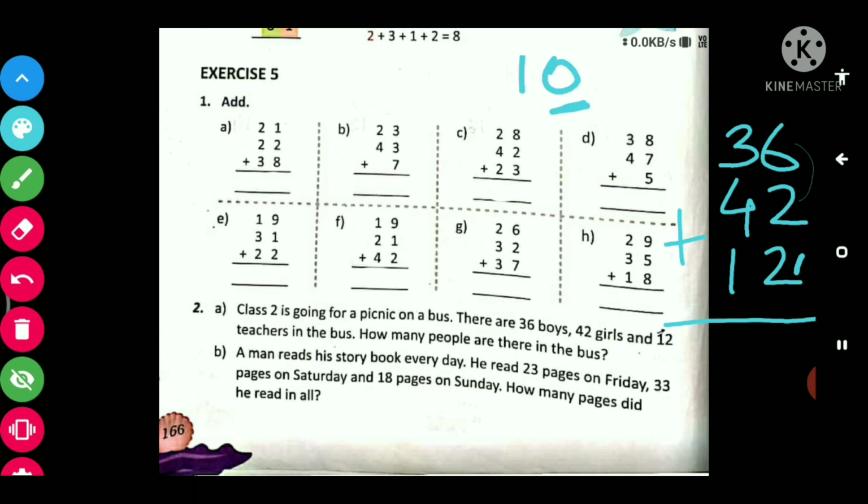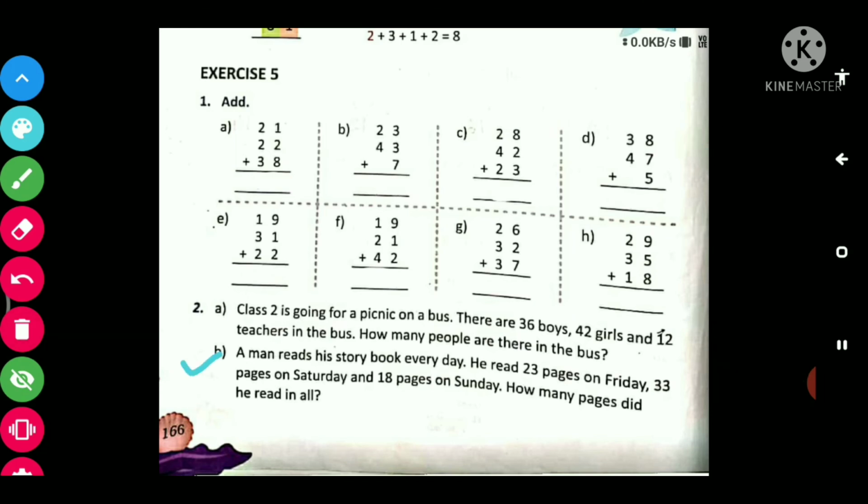Now we'll place this 0 here because this 0 is in ones place, and now we'll send this 1 here because it is in tens place. So now 1 plus 3, it will be how much? 4. 4 plus 4, 8. 8 plus 1, 9. So how many people are there? There are 90 people in the bus. Okay.